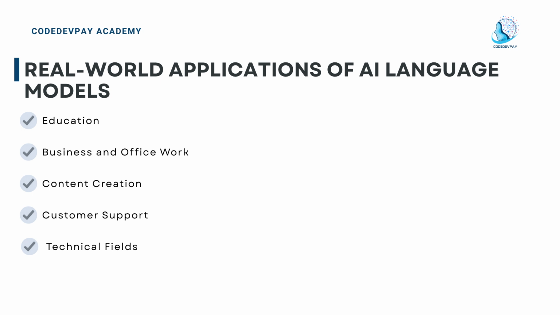Can talk about blogs, marketing copy, and generating social media content. The fourth one is customer support that can help us generate automated responses for questions that are normally asked. And also, we can use them as help assistants. And the last but not the least is technical fields. It can help us with code explanations, help us to document our work, and also problem exploration.